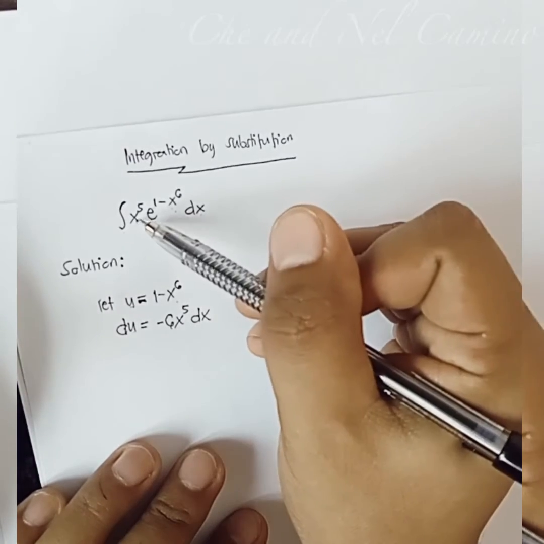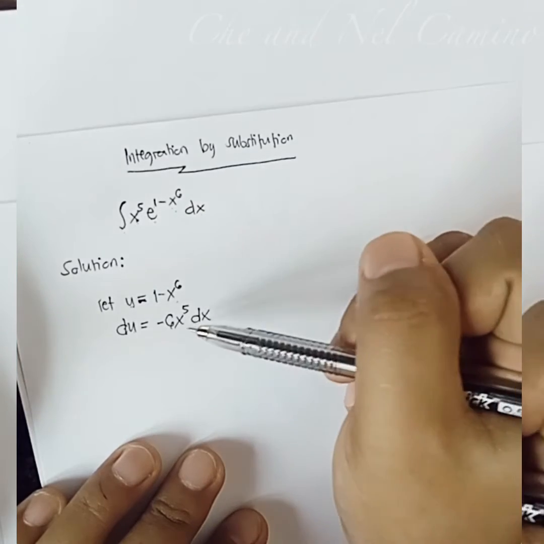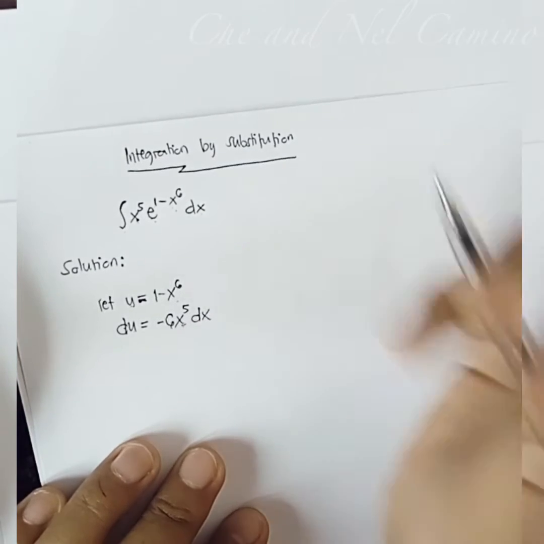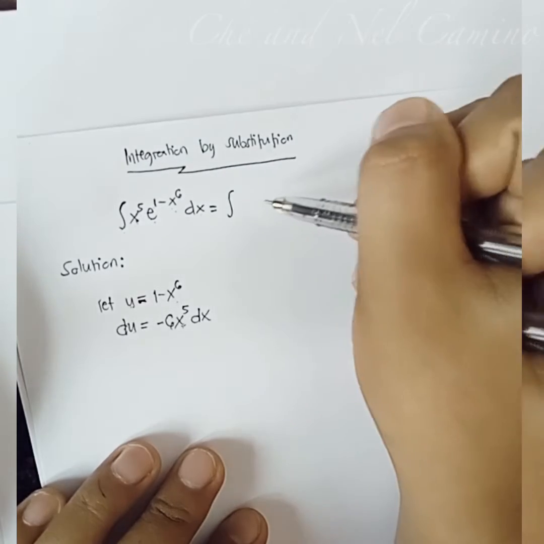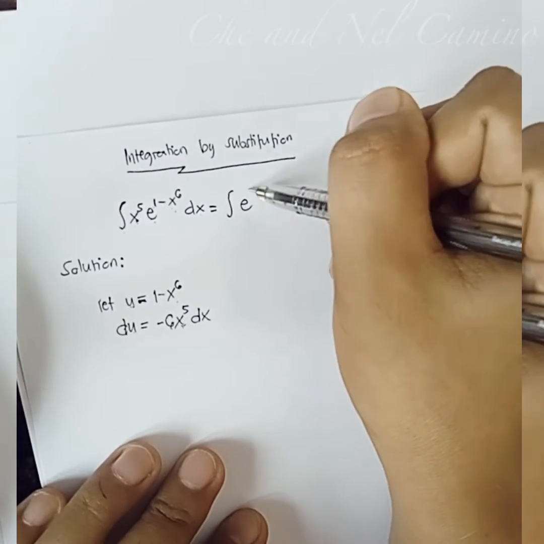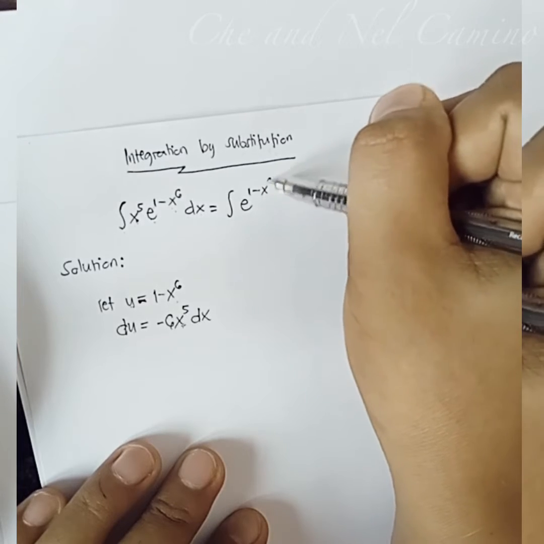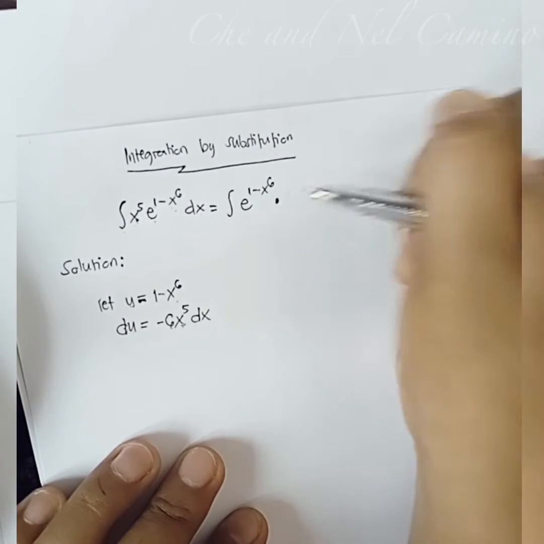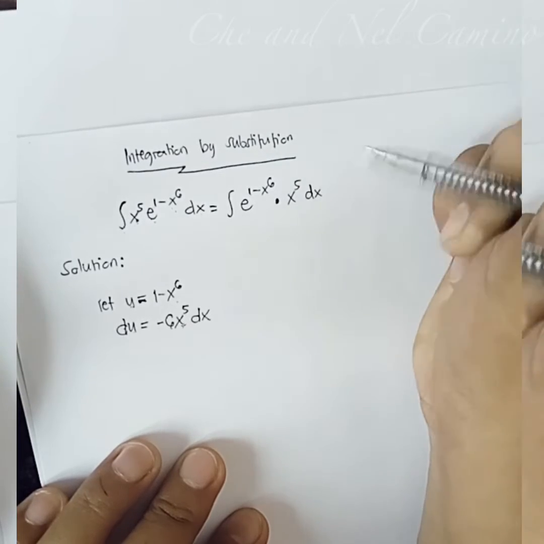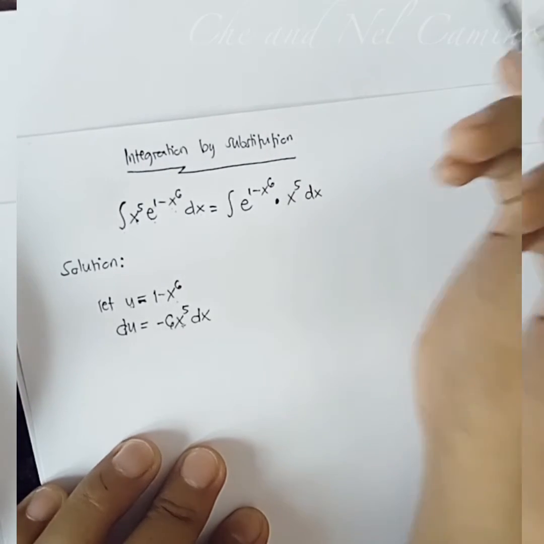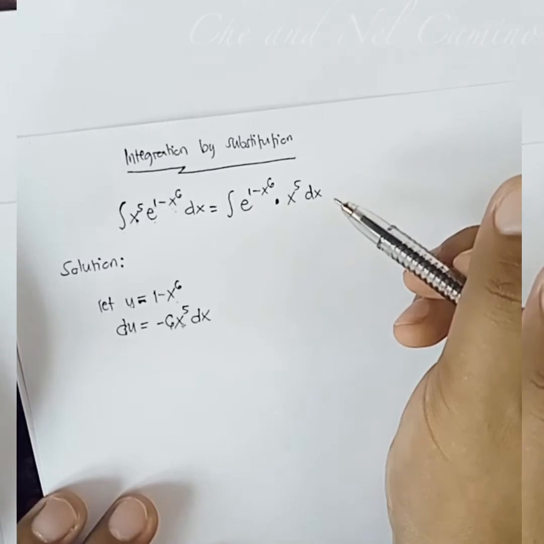We can easily eliminate x to the power of 5 because we have x to the power of 5 here. So we can rewrite this into this form, x to the power of 5 dx. I think we are good enough to proceed.